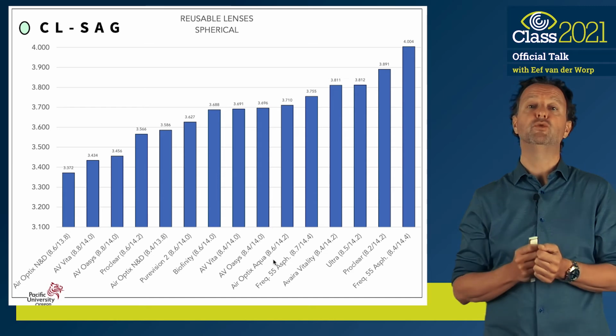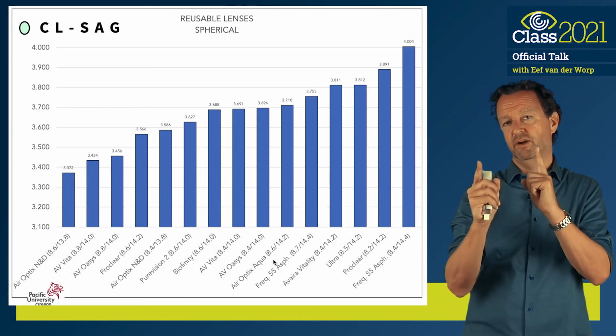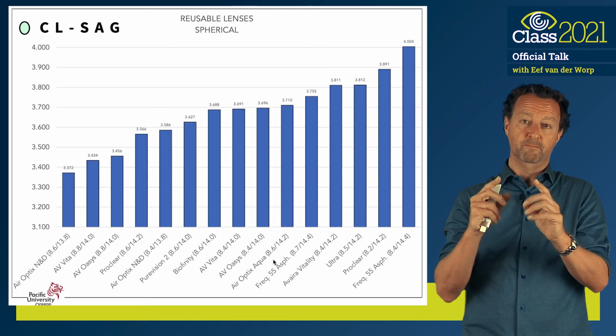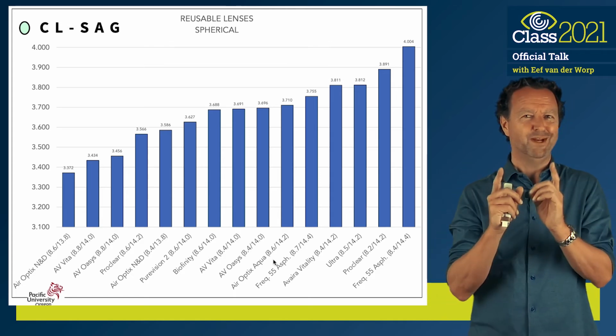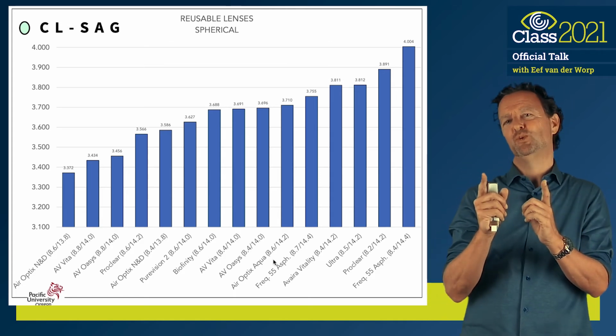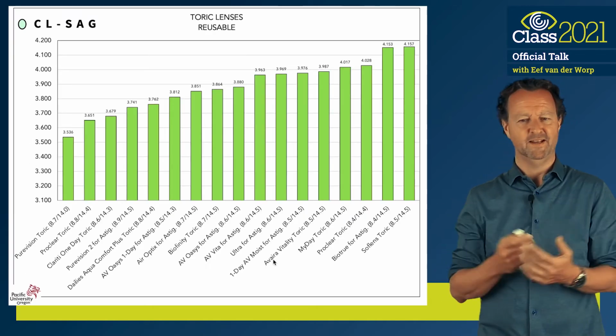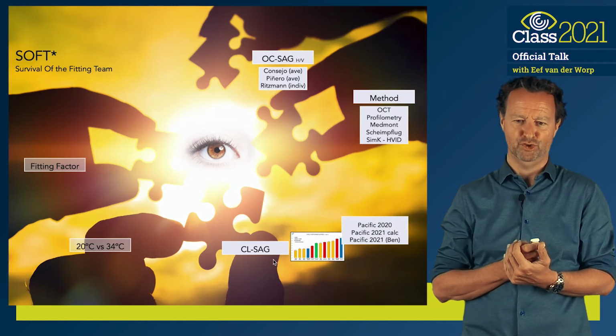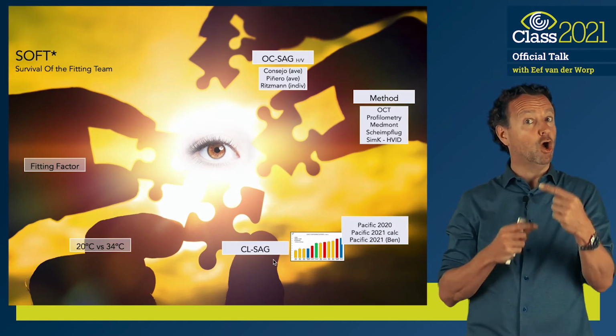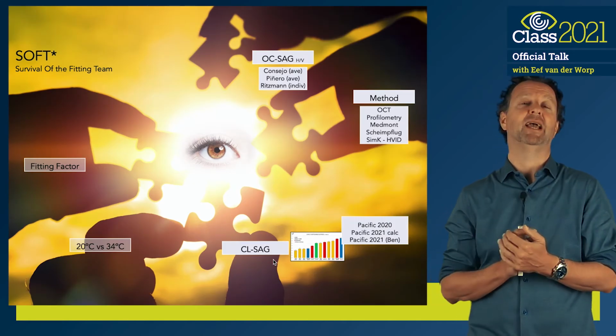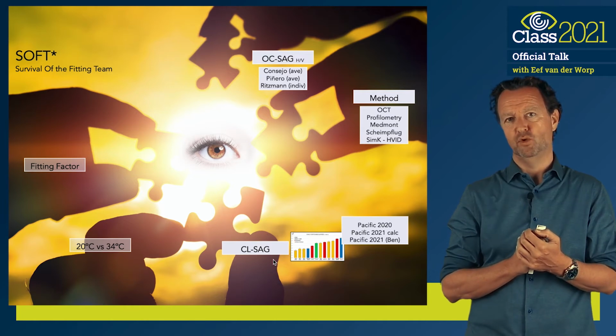These are the reusables, and you can see that there are differences between different lenses, different manufacturers, but even one 8.6 can be 200-300 microns different than the other 8.6. And the same is true for torics. Again, we're updating that as we speak. Currently there's a new batch coming.